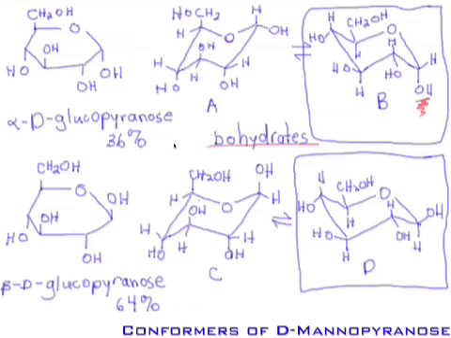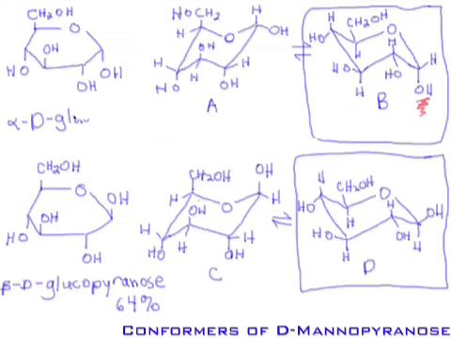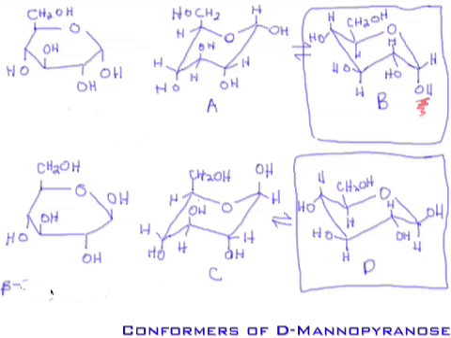I want to convert these structures so I don't have to draw them all again. I want to convert them to the structure for mannose. So I'll erase these names, and we want to convert our glucose molecule to mannose.